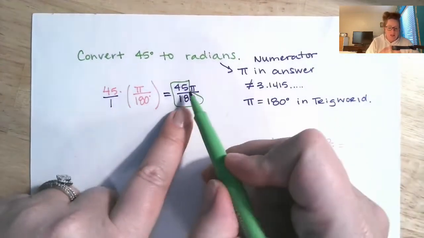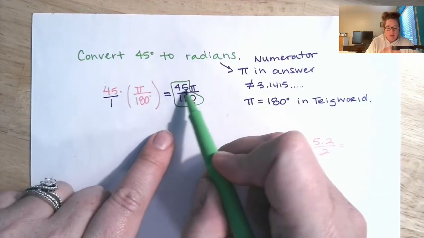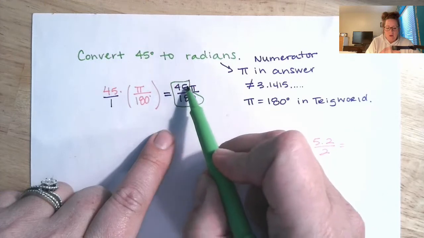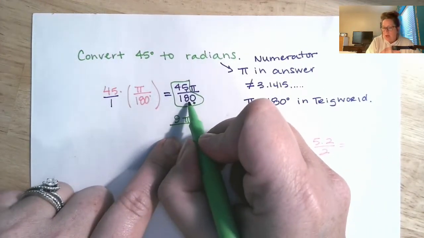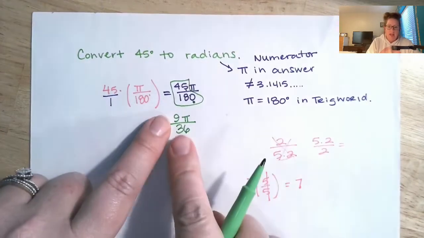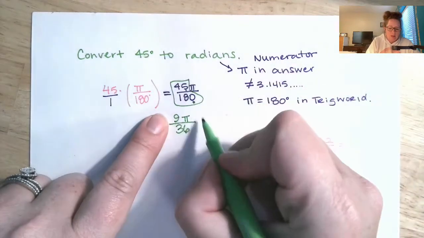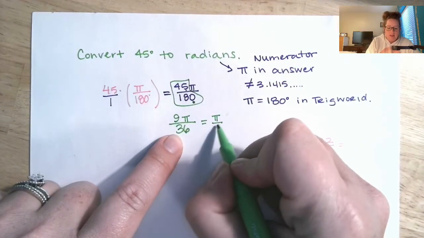If not, we can just look at these and say 5 and 0, those are both divisible by 5. So we're going to divide 45 by 5. That's 9. And if we divide 180 by 5, we get 36. 9 and 36, those are divisible by each other as well. So 9 goes into 9 one time. 9 goes into 36 4 times.